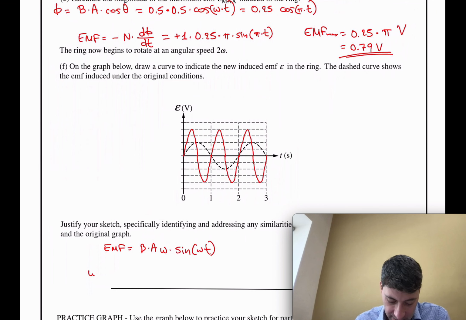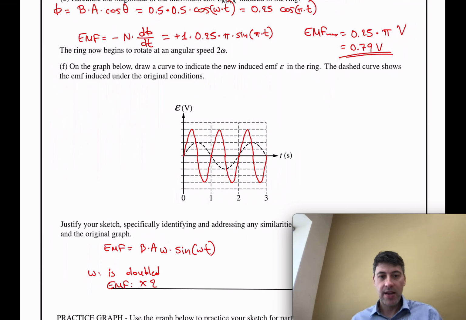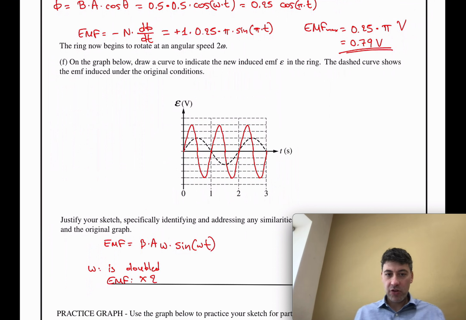Since the omega is doubled, the EMF will also be doubled, but the rotation will be faster. The quantity inside the sine will increase, so the sine omega t, as a periodic function, will have a smaller period.